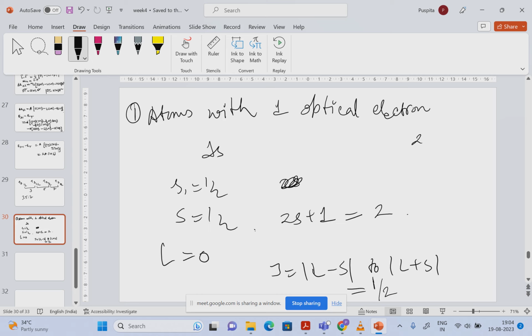The spectroscopic term 2S plus 1 L J here will be 2, and L is equal to 0 here. For L we do not write 0; we write the term S and half. So this is the term.